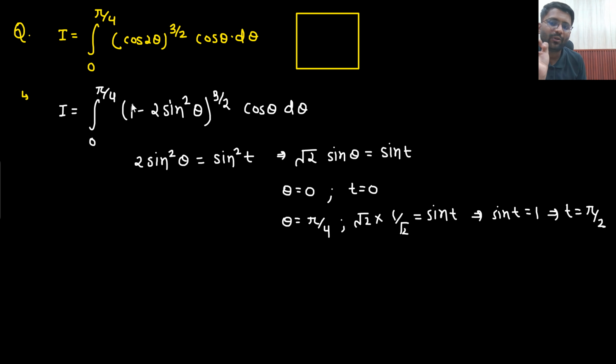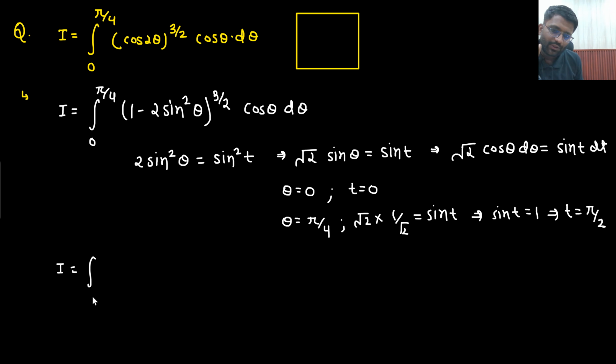Along with that, you will be able to make 1 minus sine square t now. Are you able to understand this point? So from here, what will you get? Under root 2 cos theta d theta equals sine t dt. So let's get started. What can I do?